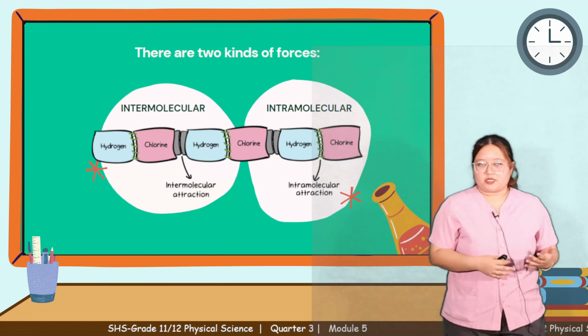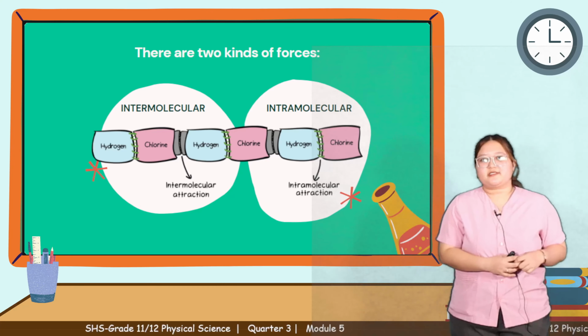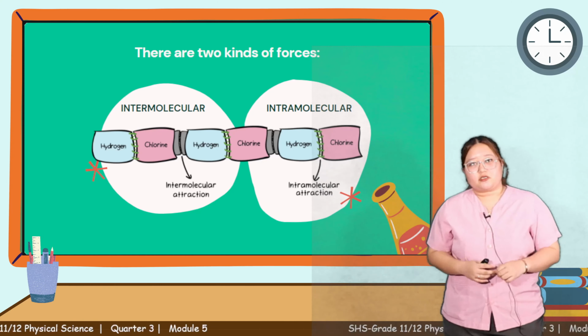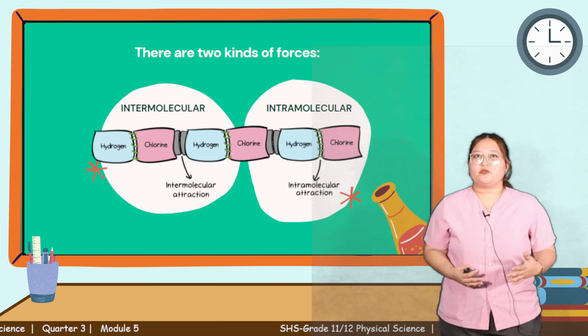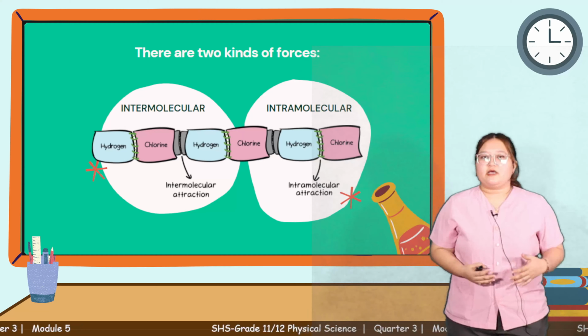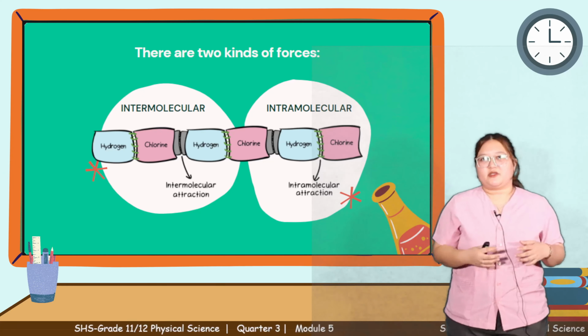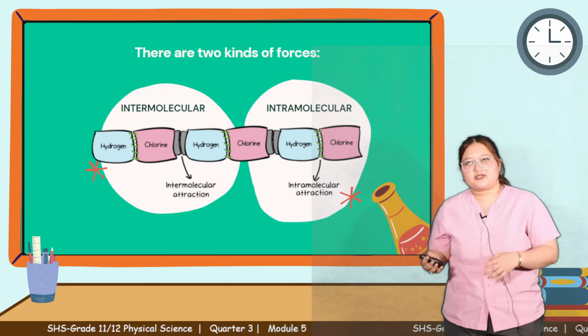When we say intramolecular, these are forces that hold atoms together within a molecule. But when we say intermolecular, these are forces that exist between molecules. So simply put, intramolecular are forces within a molecule, and intermolecular are forces between molecules.